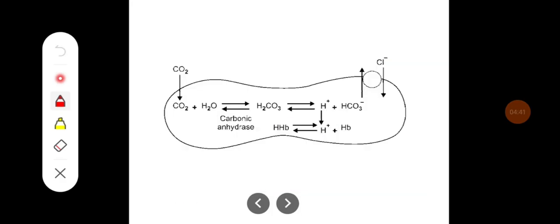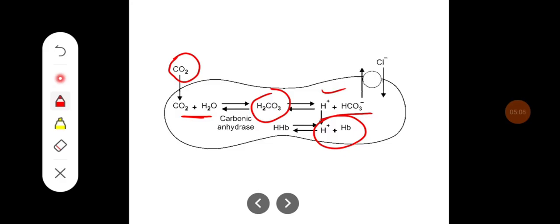So this reaction shows the Hamburger phenomenon or chloride shift. When the carbon dioxide enters inside the RBC, with water it forms carbonic acid, and that forms H plus ions and bicarbonate, and H plus reacts with hemoglobin, so the H plus ion is buffered.